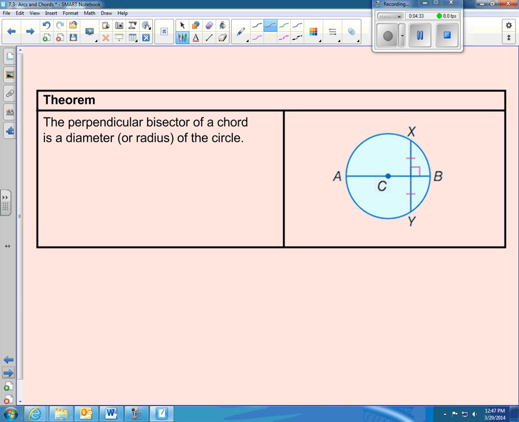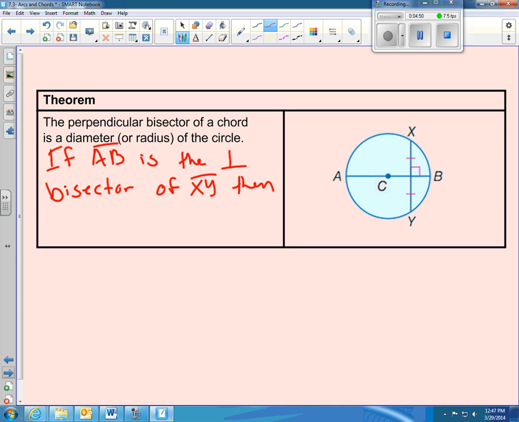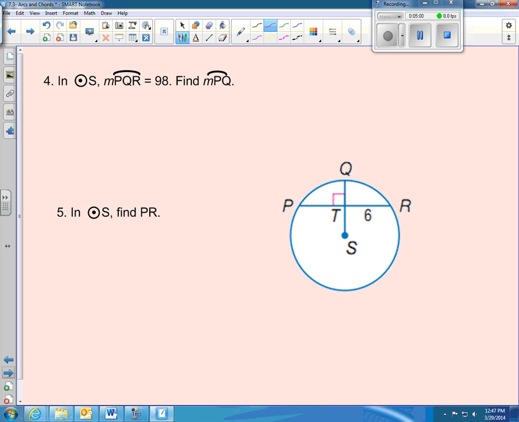If AB is the perpendicular bisector, so it cuts XY into two congruent parts, then we know that AB is a diameter. Okay, so using those two theorems, let's figure out these next couple of problems.